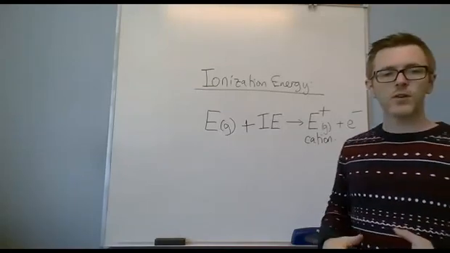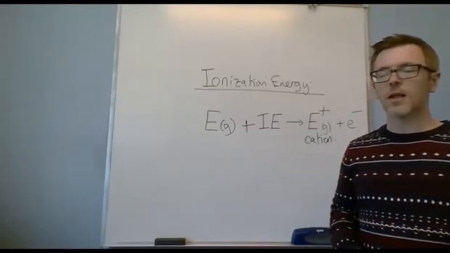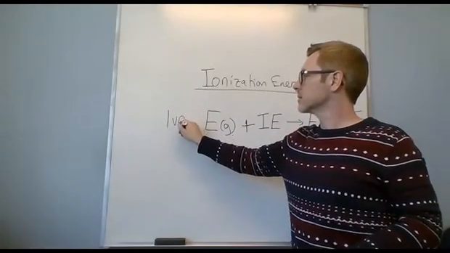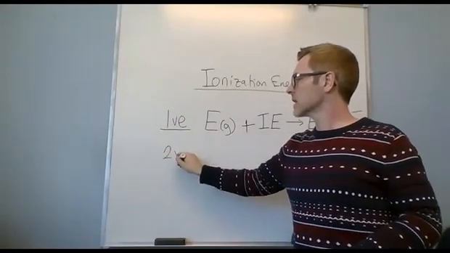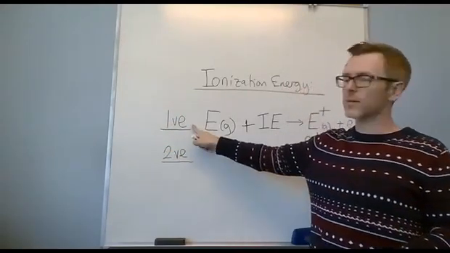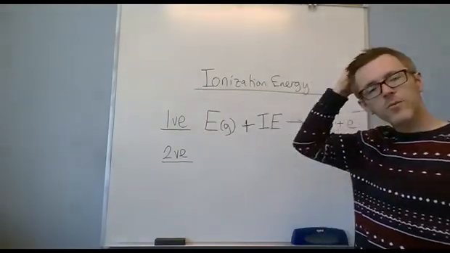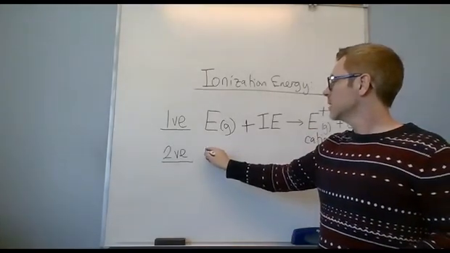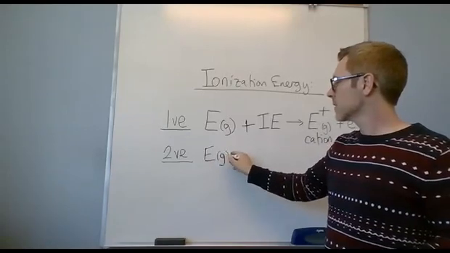Now, what if you have two valence electrons? So let's say this was one valence electron. What if you had two valence electrons? So this could be group 1, which only has one electron. This could be group 2, which has two valence electrons. Then you would have the element in the gaseous state.